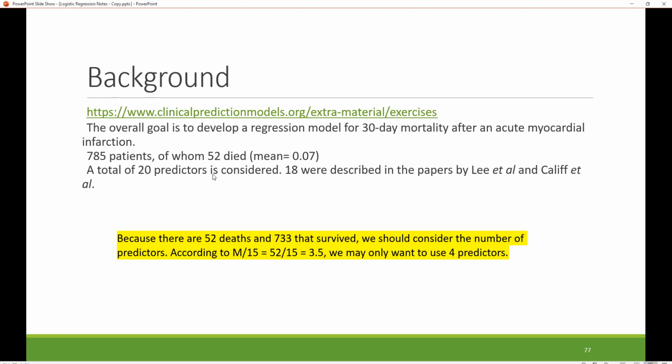With 733 that survived and 52 that died, we would use that number 52, and then we would divide by 15. That would give us the number of predictors that we should use in our model, or at most we should use. So with 52 patients who died, dividing by 15 would suggest 3 to 4 predictors. In this data set, we have a total of 20 predictors, and we have 18 described in the paper that we see here.